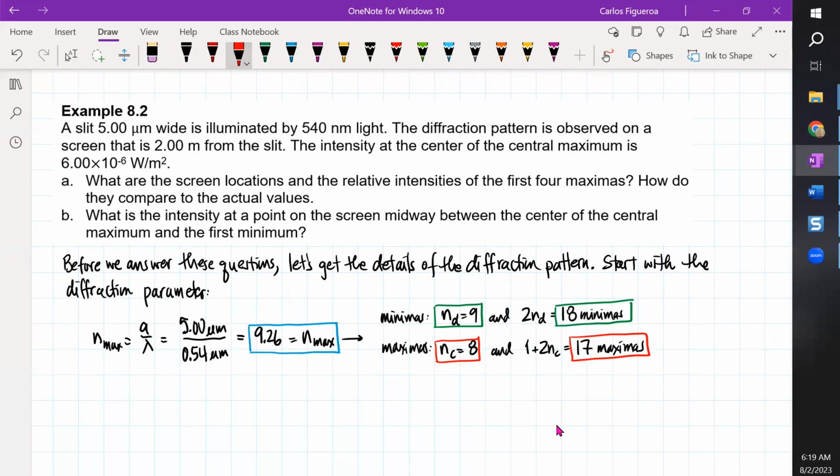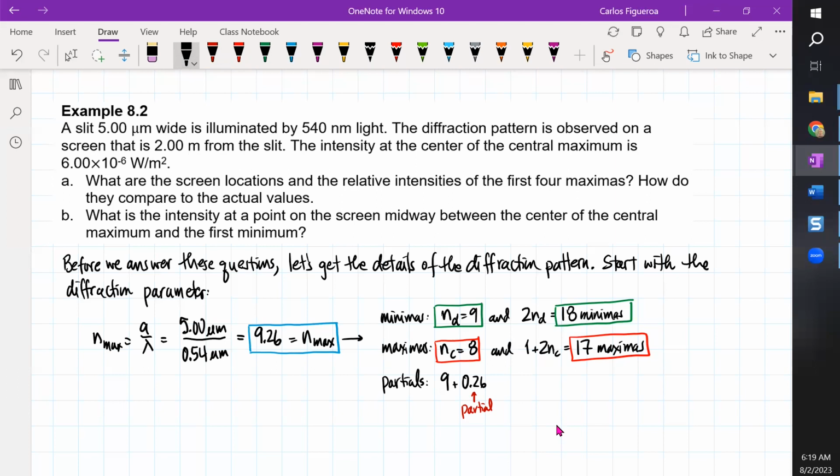And then what we're seeing here is that I have partial maximas. So when I look at the partials, we see that this is 9 plus 0.26. So what this is telling me right here is that this is a partial. It's just slightly closer to the maxima than the minima, but that's where I'm getting my partials from.